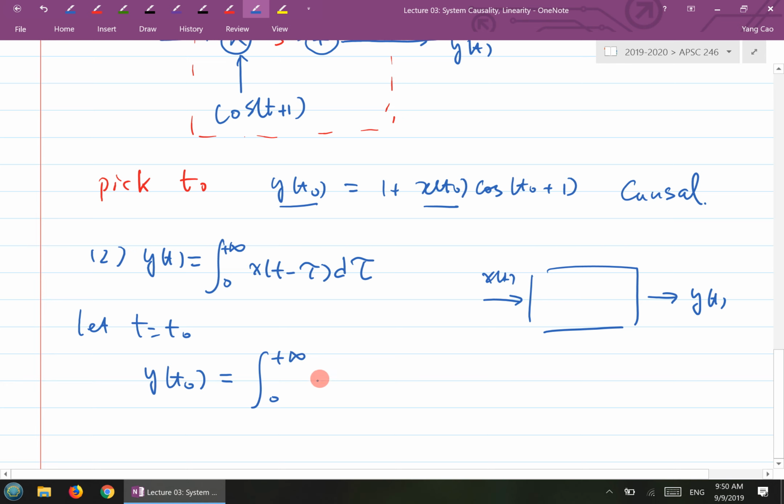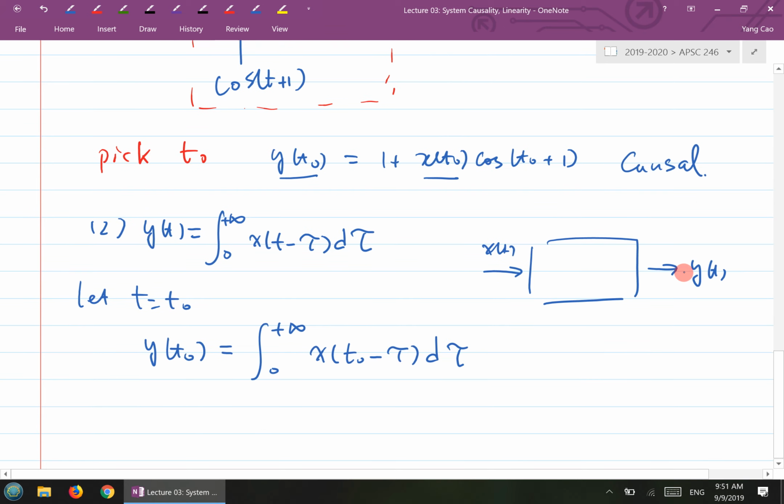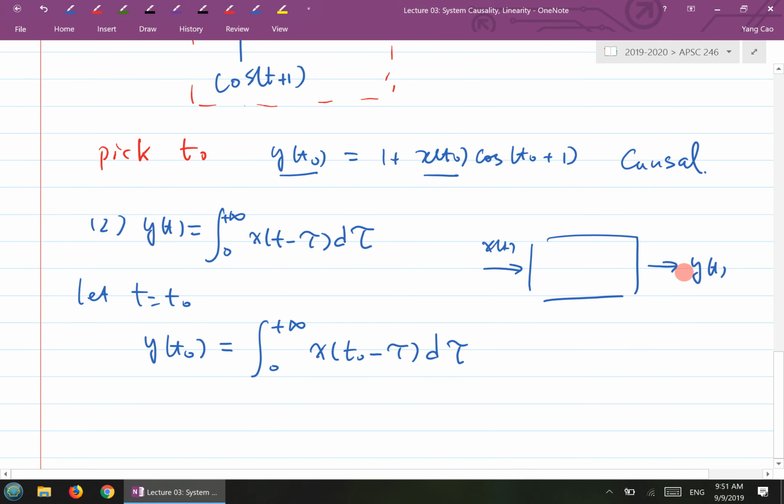According to the given condition, you have x of t naught minus tau. For the moment, pretend you don't see the integration sign.